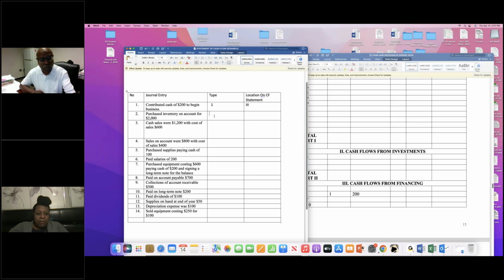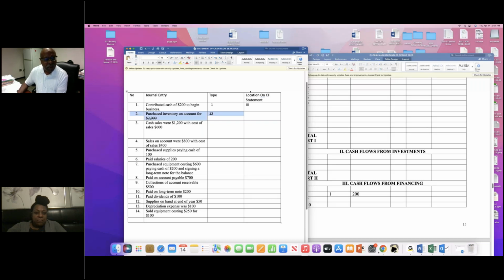Not 1 through 11. So we strike it. These problems are good to go back and review journal entry types and everything. But anything outside of 11 is not going on the statement of cash flow.